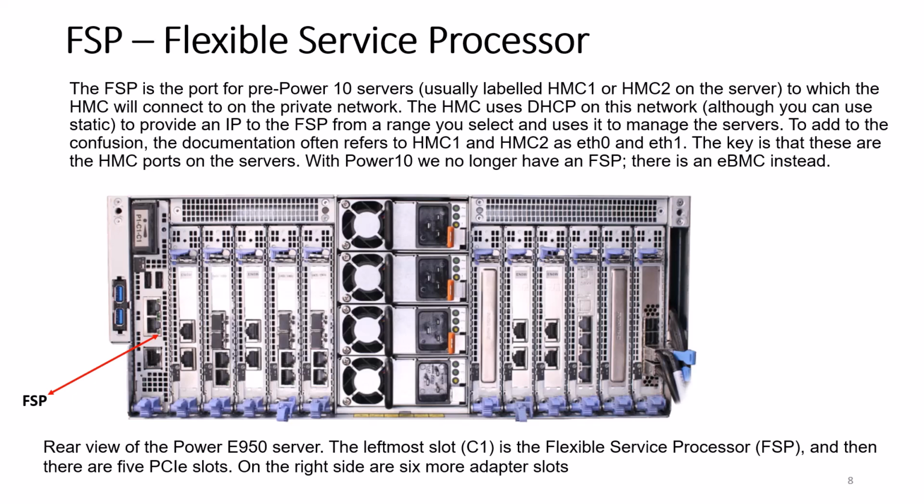To add to the confusion, the documentation often refers to HMC1 and HMC2 as ETH0 and ETH1. The most important thing is these are the HMC ports on the servers, and then once we get to Power 10, we no longer have an FSP, we have something called an eBMC that I will talk about in a little bit. So you can see the red arrow, and that's actually pointing to the two HMC ports for the FSP.